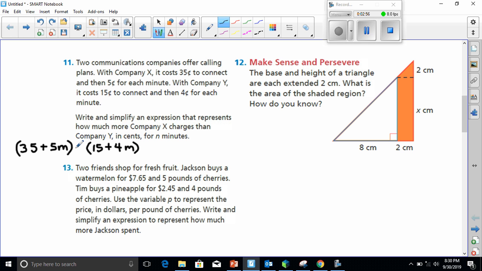Okay, well, that means I'm going to see how much more by subtracting company Y from company X. The minute I put this negative sign here, this is going to change all of this. So this is really going to be equal to 35 plus 5m, and this is going to change the sign of everything here. So it's going to be minus 15 minus 4m.